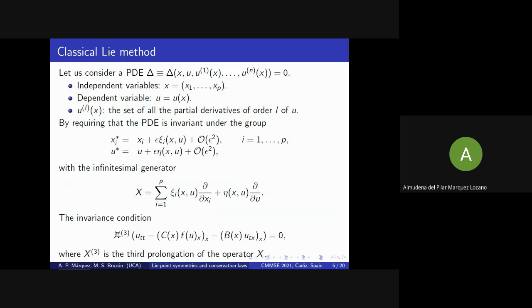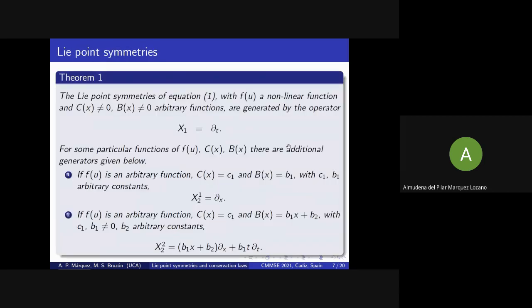Applying this condition to our PDE, we obtain a system of equations, and solving it, using Maple, the software we use, we can give a complete classification of Lie point symmetries.